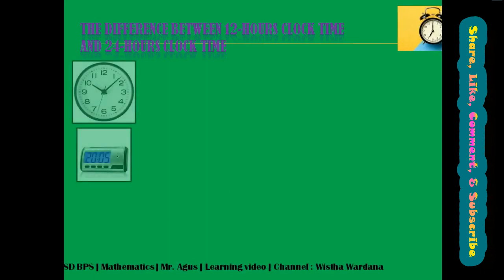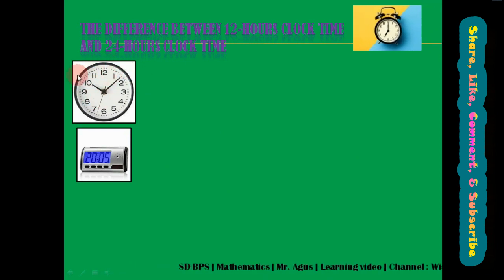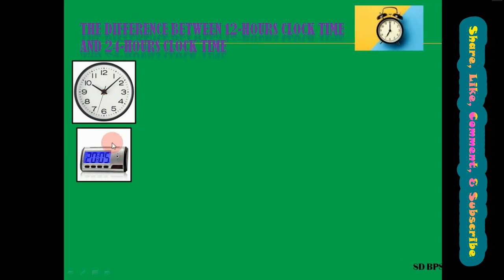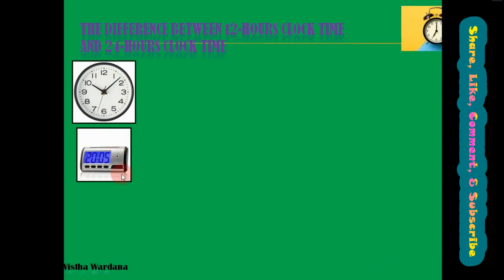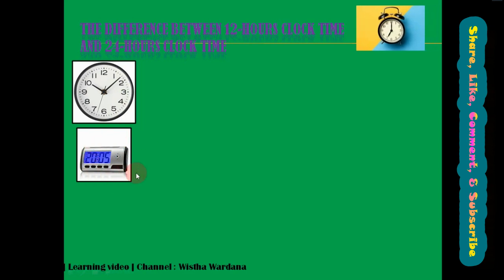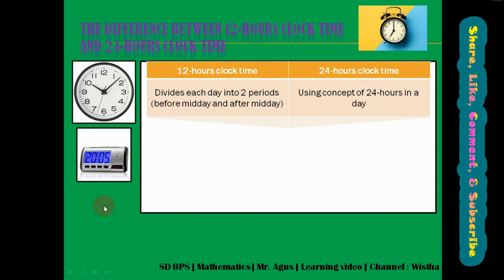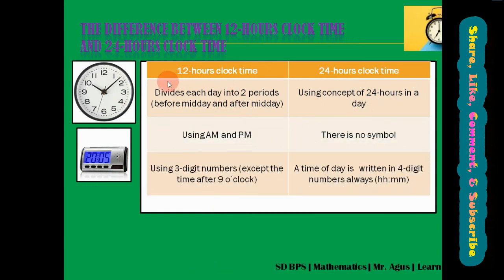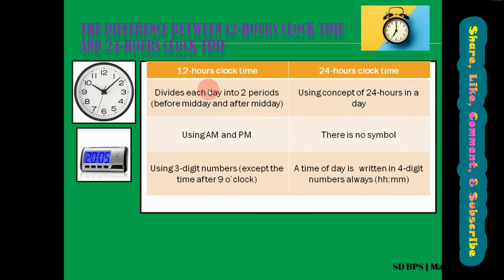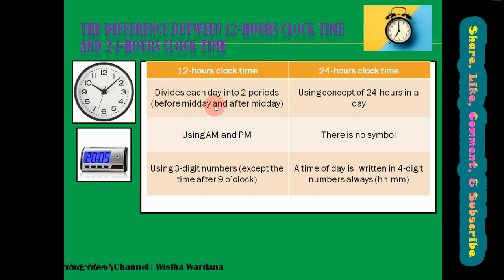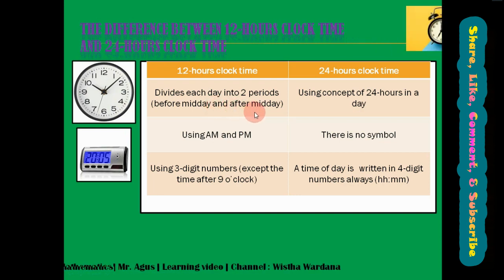The difference between 12-hour clock time and 24-hour clock time. Okay, this is the feature of 12-hour clock time, and this is the feature of the digital clock, that is 24-hour clock time. The first difference: in 12-hour clock time, we divide the day into 2 periods, before midday and after midday.